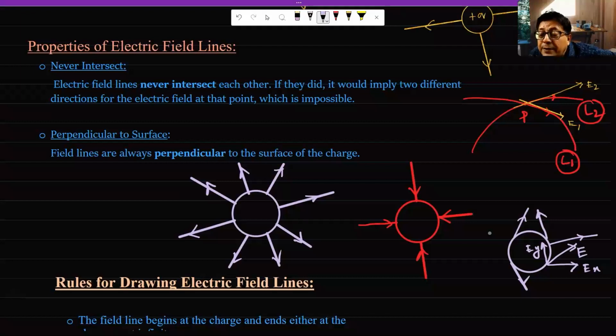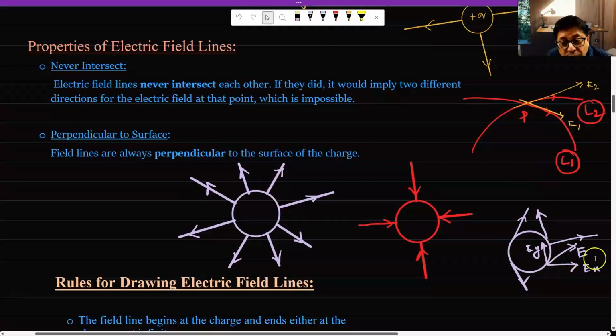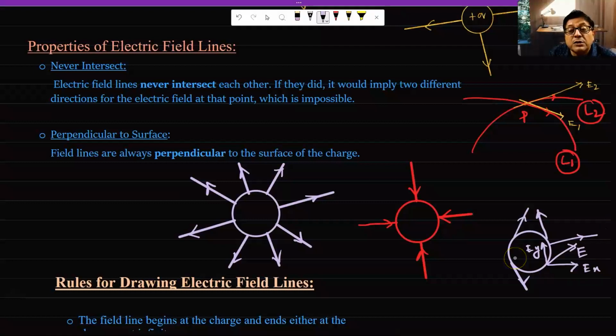Then what is happening? Due to this field strength inside the conductor, charges will move along the direction of the field. So in electrostatics, we have started current electricity. Charges are moving also. It is not possible, because along a field line, a charge will move. So if you say that it is not perpendicular to the surface, then it has components, one this manner, the other one this manner. Maybe another situation is also there.